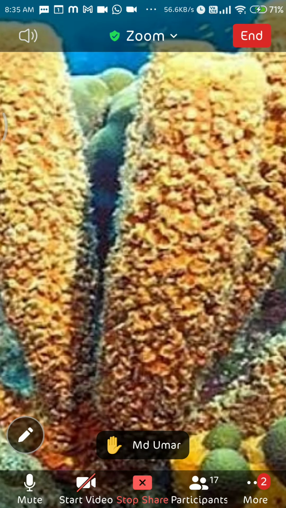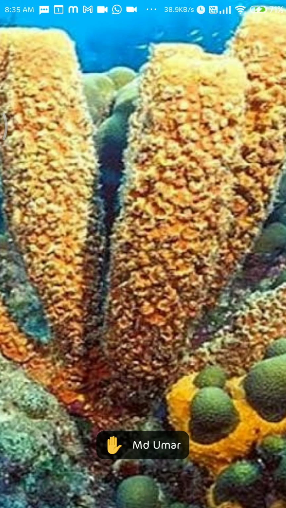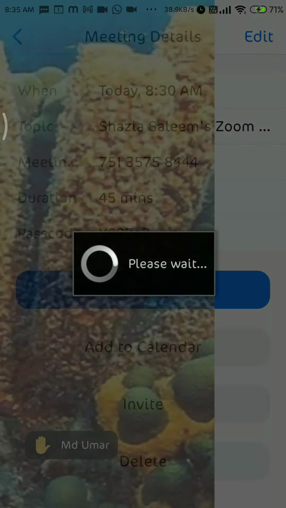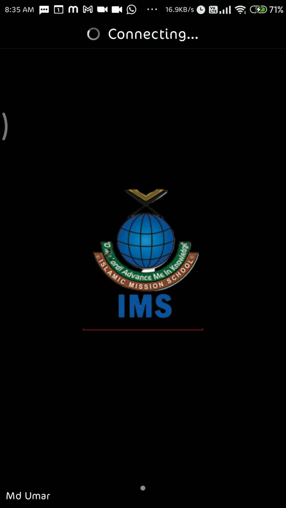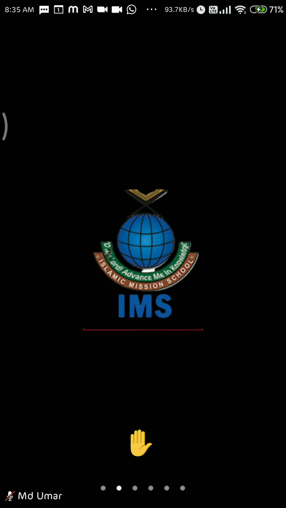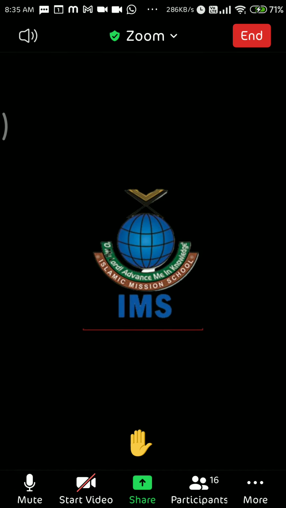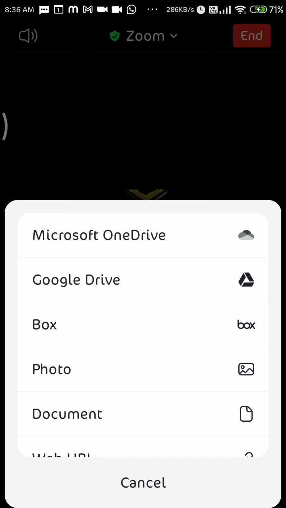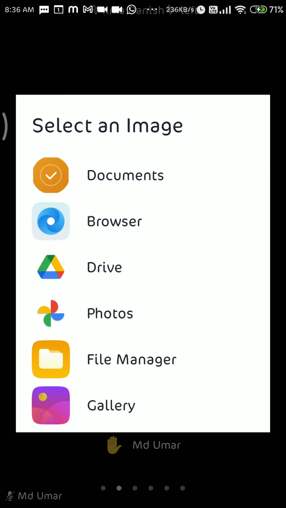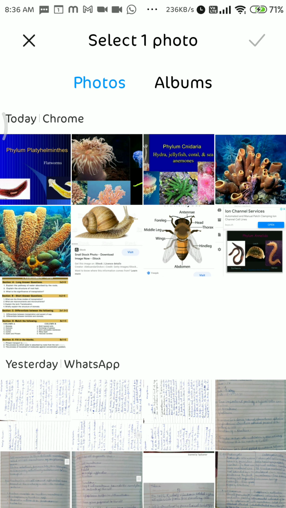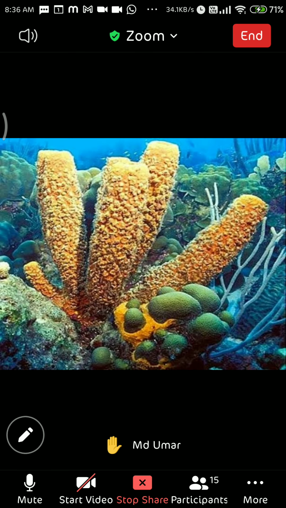So this is a picture of Porifera. Yes, this is Porifera.